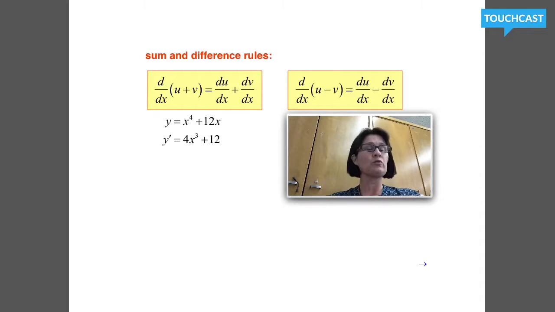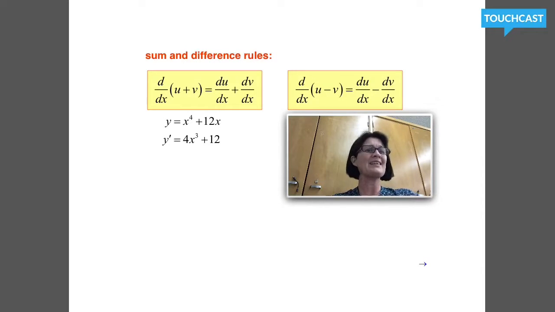We can learn this rule that can help us take the derivative of a function that consists of two functions being added together. And the good news is it works just like you would hope it would. If I want to take the derivative of x to the fourth plus 12x, I can take the derivative of x to the fourth, which I know is 4x cubed. I can take the derivative of 12x, which I know is 12, and the derivative of that sum is the same as the sum of the two derivatives.